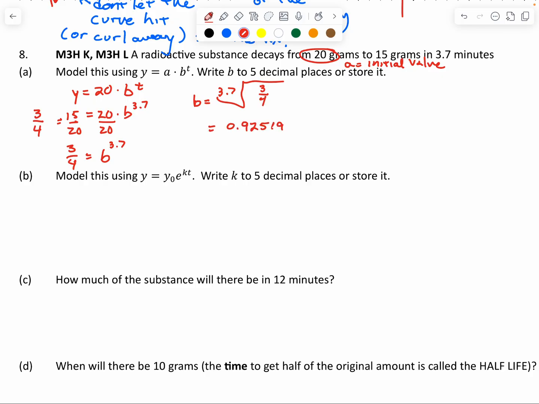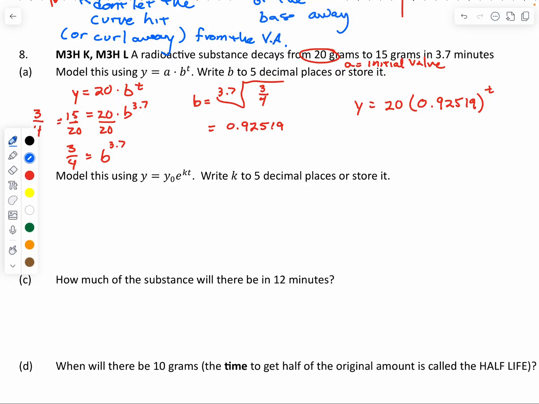Okay, and then write the equation. Just so you note, oops, it's 1 over 3.7. 3.7th root is the 1 over 3.7th power.